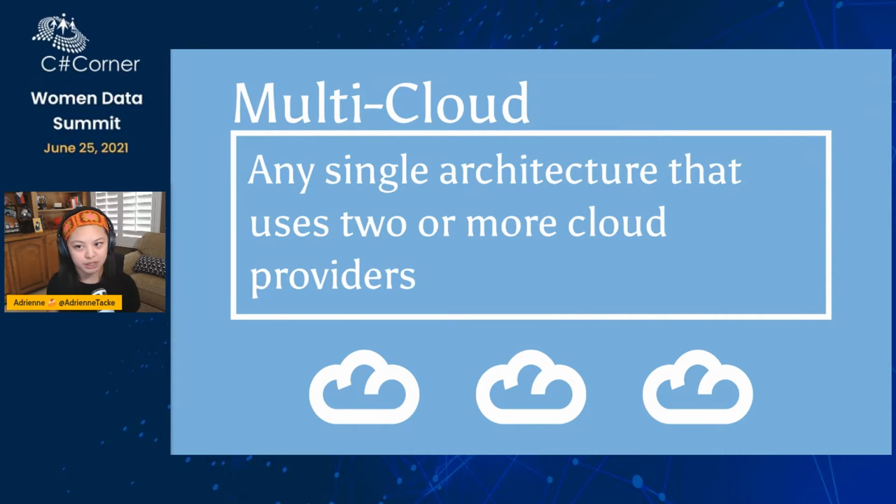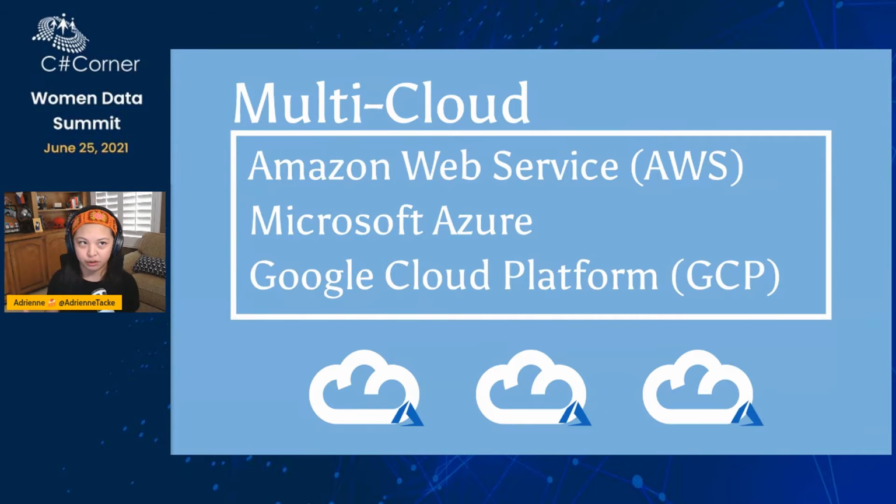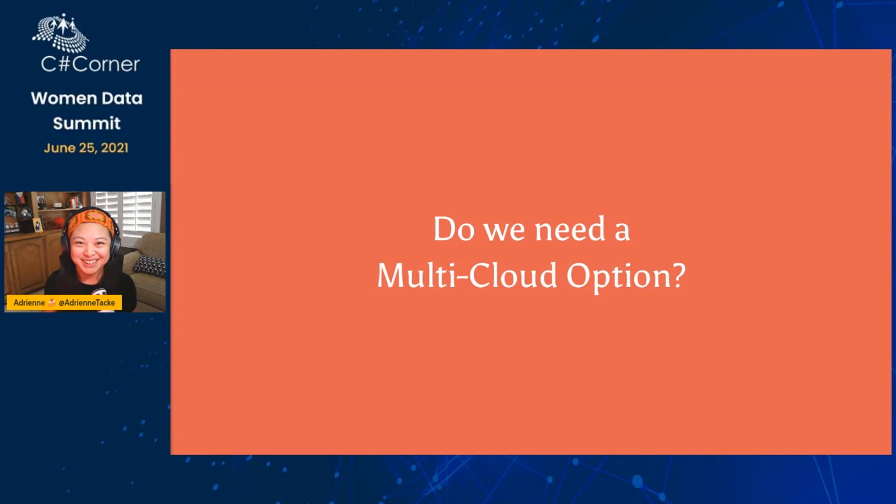In this particular case, we're going to focus on currently the big three. That's AWS, Microsoft Azure, and Google Cloud Platform, or GCP. And that's really it. That's all you really need to know. So if you have any kind of application that might be using both cloud providers or three cloud providers, you are using a multi-cloud architecture.